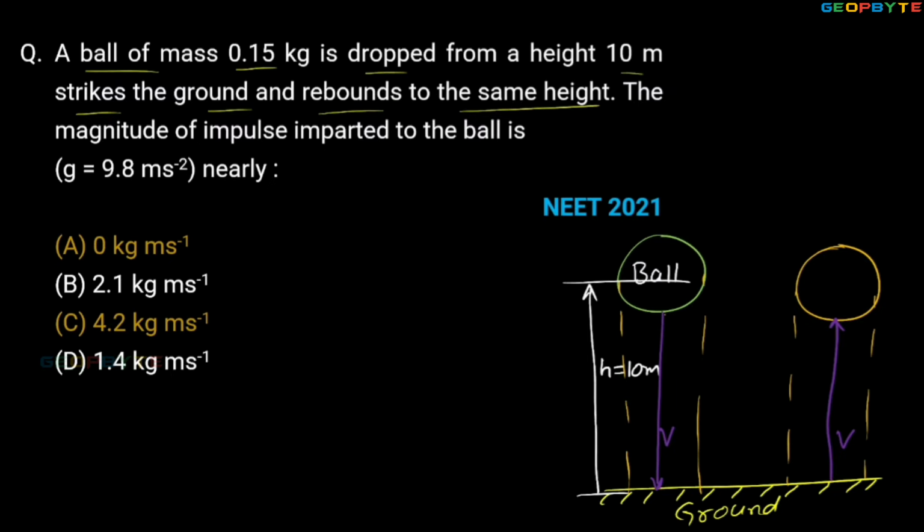Then only it can rebound to the same height. We are asked to find the magnitude of the impulse imparted to the ball.